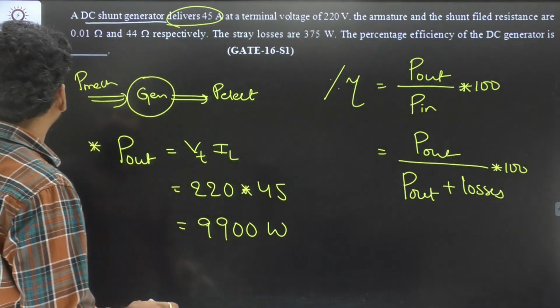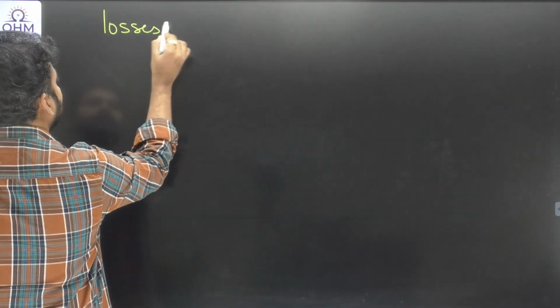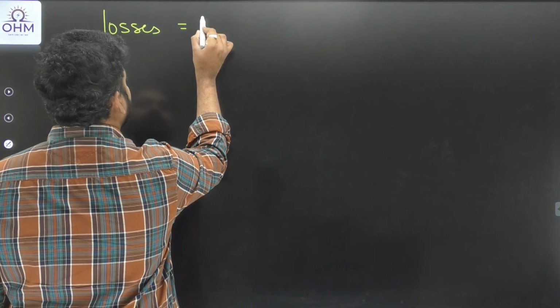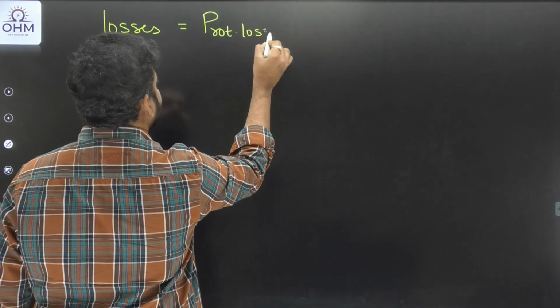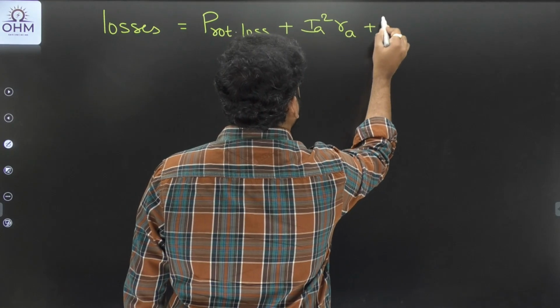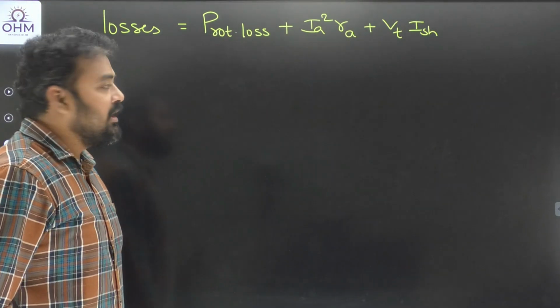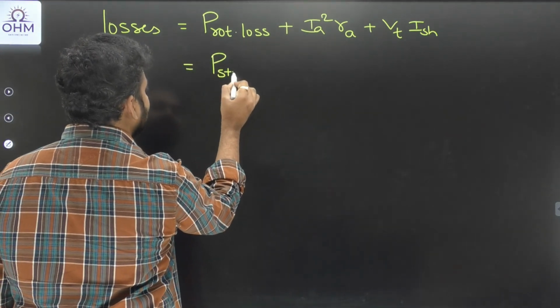What are the common losses we will observe in DC machine? Yes, there will be three types of losses. First one is rotational loss. Second one is armature copper loss. Third one is shunt field copper loss. Okay. And this rotational loss is also known as stray loss in this particular question.